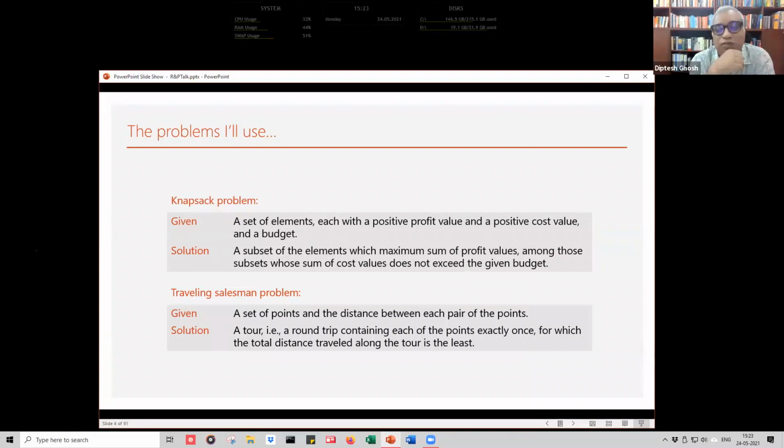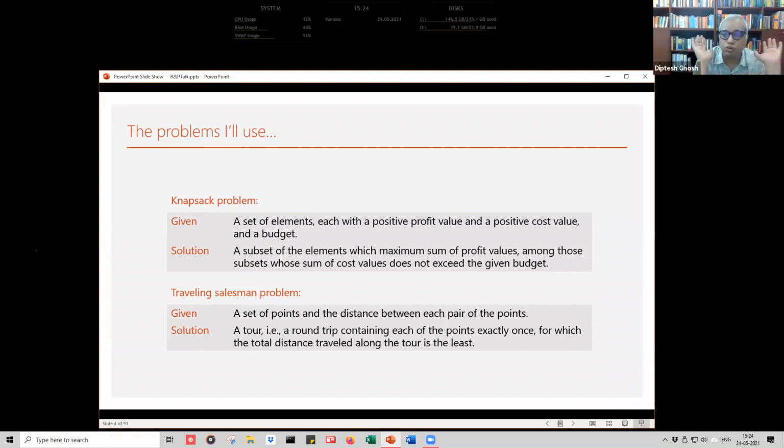It says that suppose you're a thief, and you have a knapsack which is a certain weight that you can carry, and you go into a shop, and each of the items in the shop has a label which tells you, okay, this item can be fenced for so much money, and the weight of this item is so much. Now, what you want to do is to fill your knapsack up to the weight capacity with items such that you get the maximum profit by fencing those items.